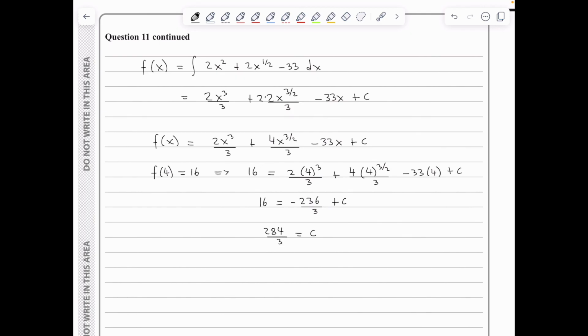So I can proceed in stating that f of x should be 2x cubed over 3 plus 4x to the 3 over 2 over 3 minus 33x plus 284 over 3, and that will be the final answer.